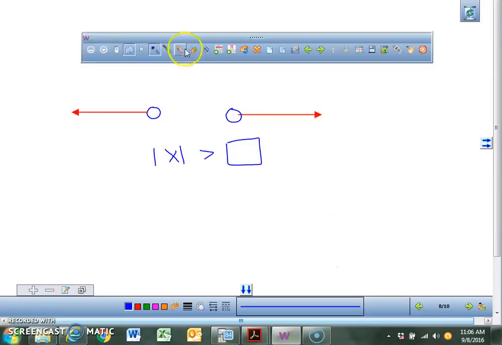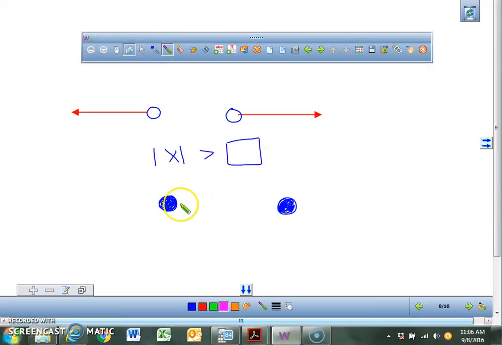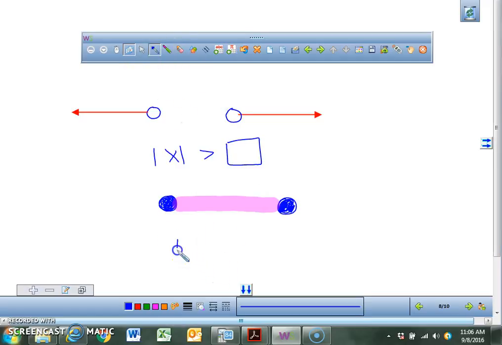Okay? However, if you have a closed in circle here, and a closed in circle right here, and everything ends up being shaded in between, like that, it's going to be the absolute value of x is less than a number.